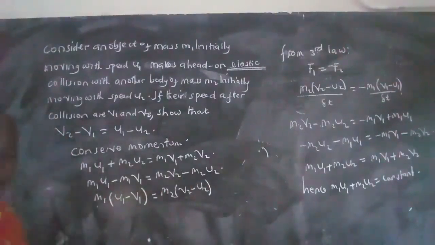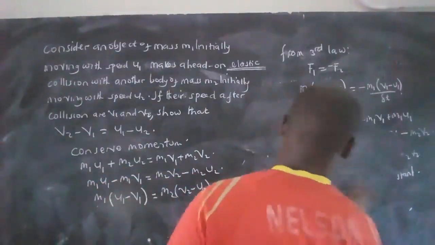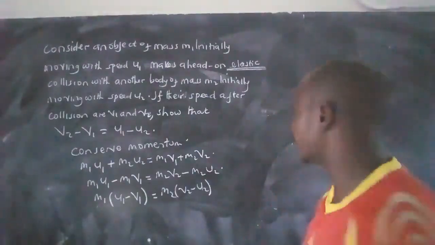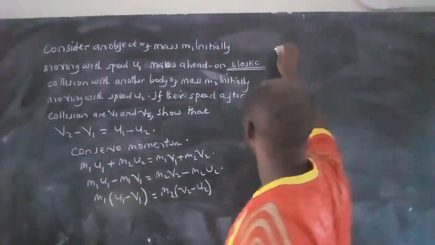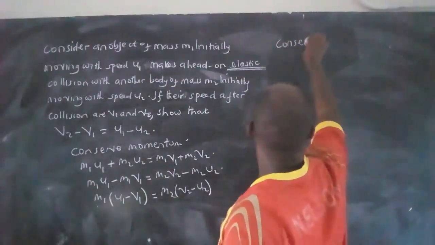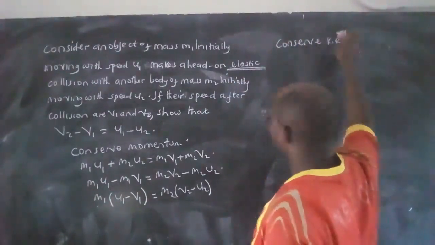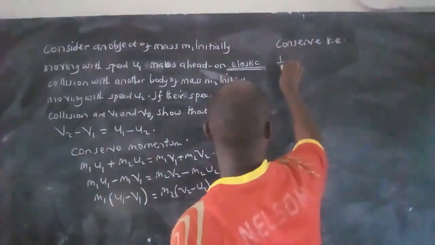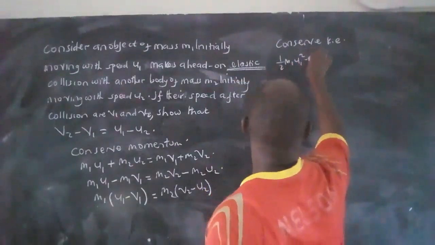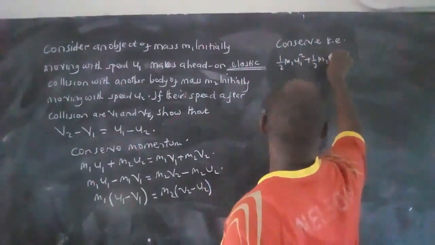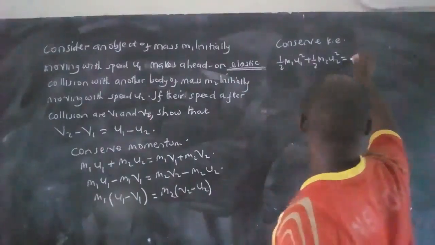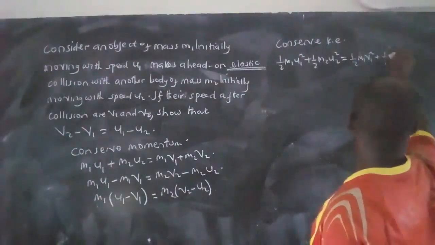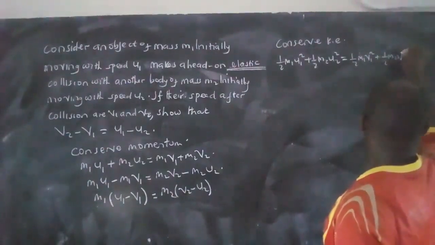We want to eliminate masses. Then part 2, conserve kinetic energy. Those are the steps, as long as it is an elastic collision. So we shall now say I have m1 u1 squared plus m2 u2 squared is equal to m1 v1 squared plus m2 v2 squared.